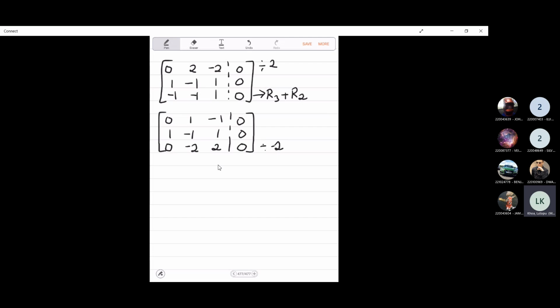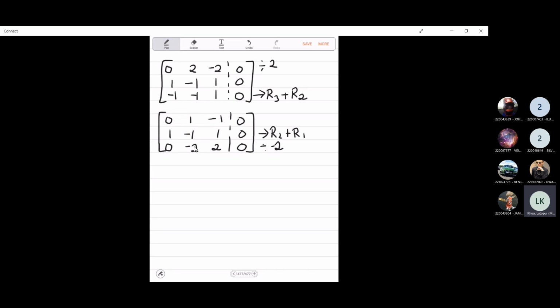And then I can say, if I want to make a 0 here and a 0 there, so I'm left with a 1 here. So this one, let me say row 2 plus row 1. Okay, that will give me a 0 here.